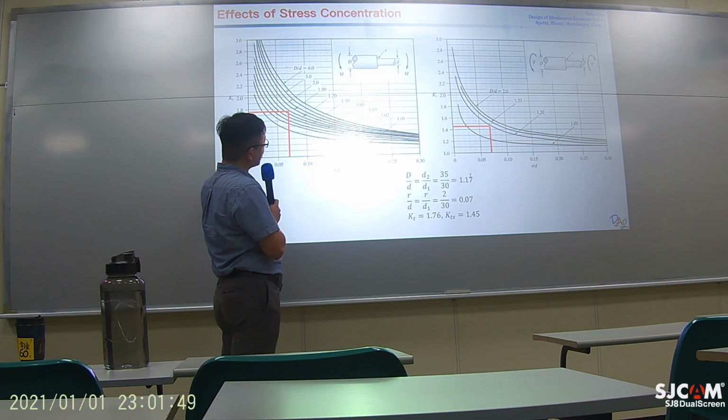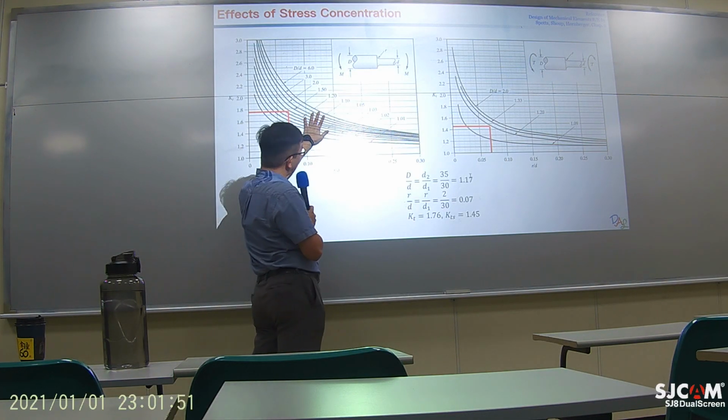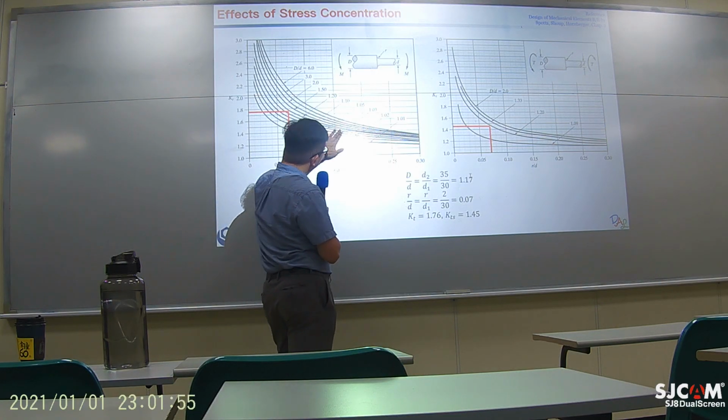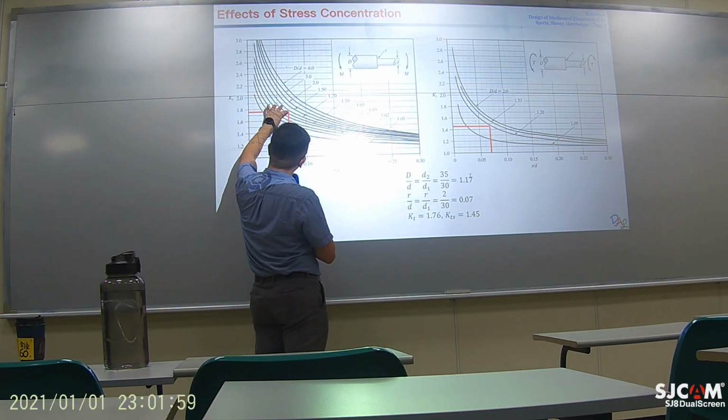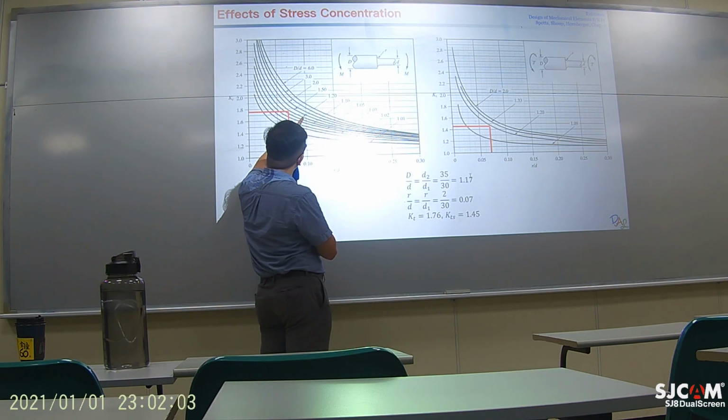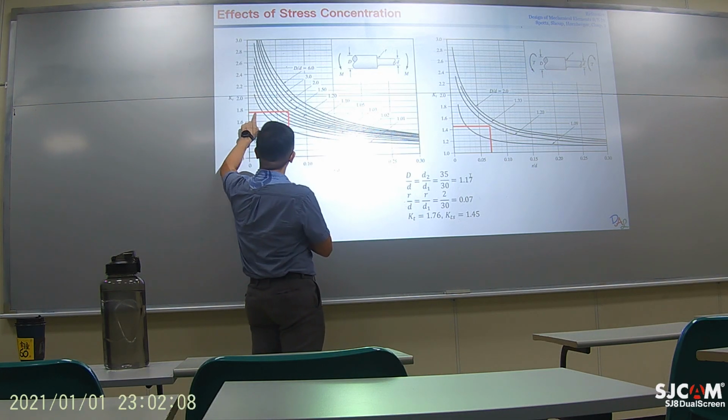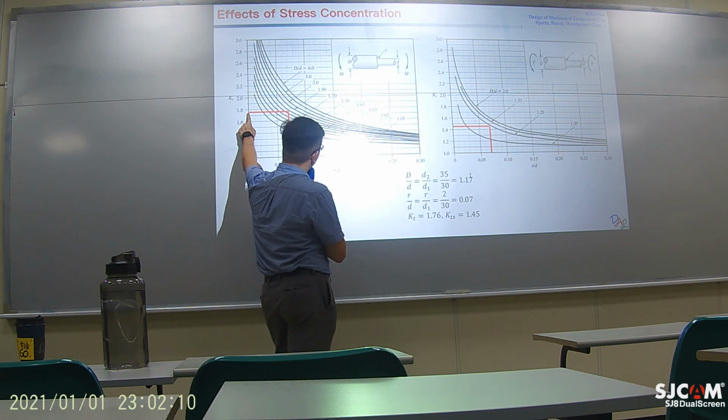And you don't have 1.17 in the curves. It doesn't show that exact number, so you kind of need to find it in between 1.2 and 1.1. So just pick somewhere, and that's where you get your K.